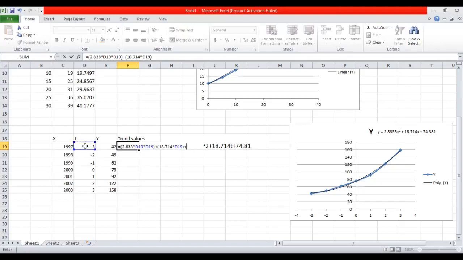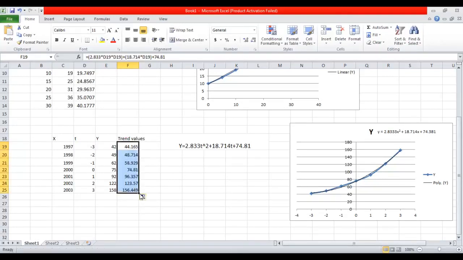Next, plus 74.81. This is the required value. Then we get the trend value as 44.1664. Similarly, we can find the remaining trend values.